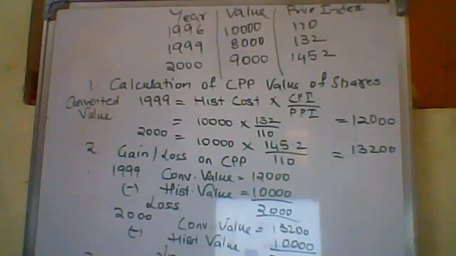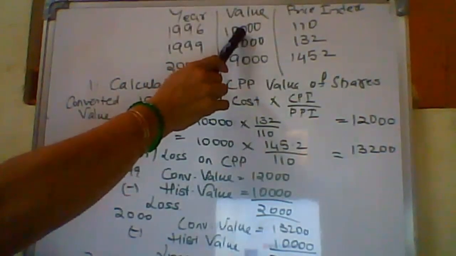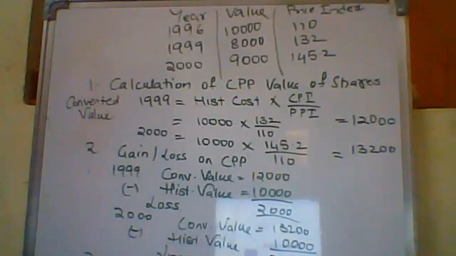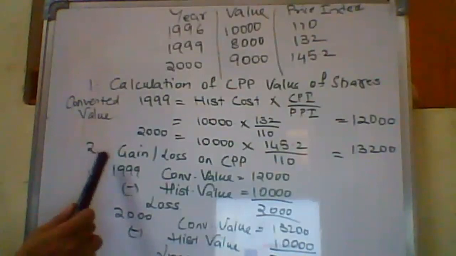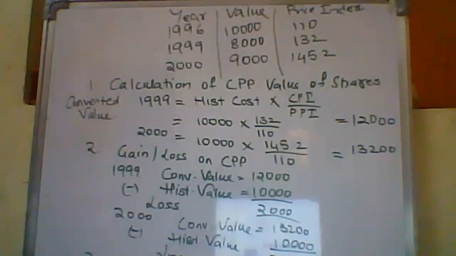Now, three questions he's asked you. First, find out these shares which I purchased, what is their current purchasing power value? It means, according to inflation, what is their value now? Second, find out what is the gain or loss due to these converted values. Third, what is the actual gain or loss in comparison to the market value? These are the three things asked.